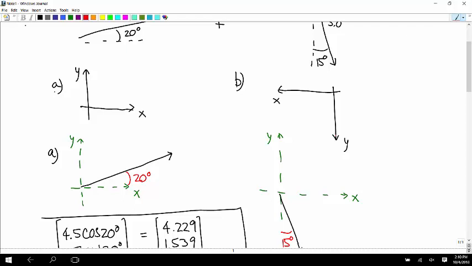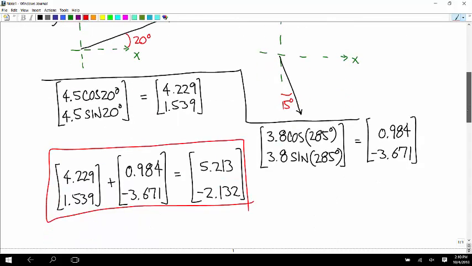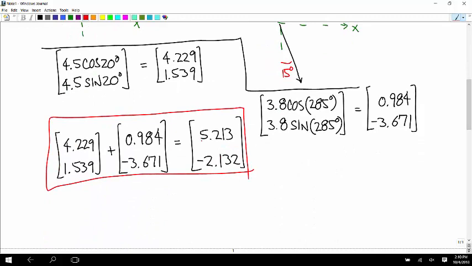So we're going to go through the steps again, but I just want you to notice that we expect that the answer for this coordinate system, both components, is just going to be opposite of this. So when we do all the calculations, we're going to get negative 5.213, positive 2.132. It would be negative 75. Okay. Great.